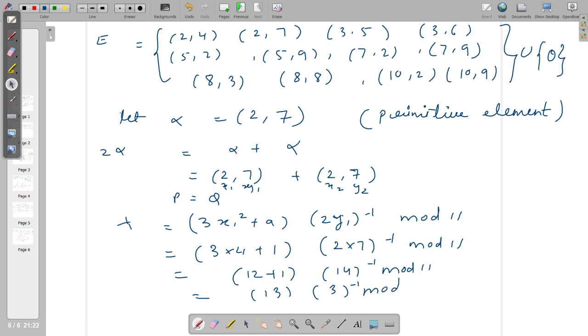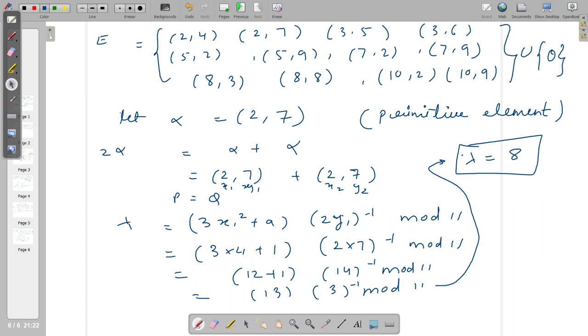So 3 inverse mod 11 is going to be, what will be the value of 3 inverse mod 11? It is going to be 8, and this 13 is going to be 2. So 2 times 8, so now the lambda comes out to be 8 here. For this, lambda comes out to be 8.